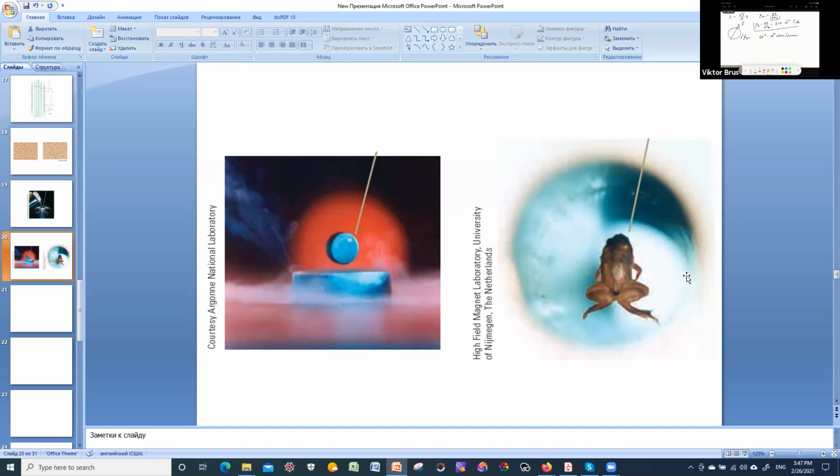And this experiment was carried out by Andre Geim while he was working in the Netherlands.